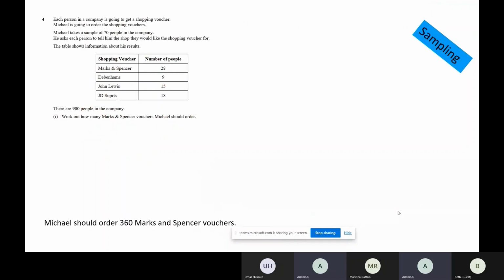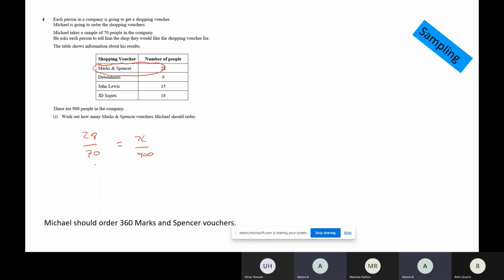Stratified sampling's not on the higher GCSE anymore, but they do imply it, and it has come up in an implied case like this where the proportion in a sample needs to be the same. So the words might not be used, but it's there. But we see there's 28 out of 70 is equal to x out of 900.